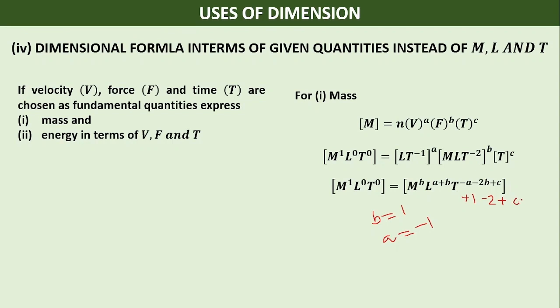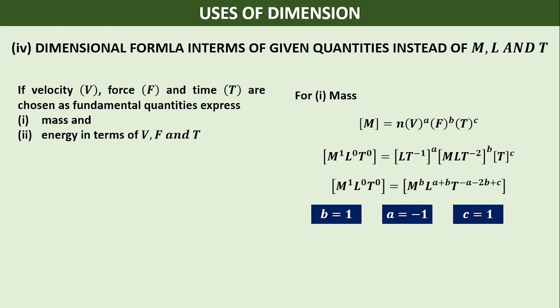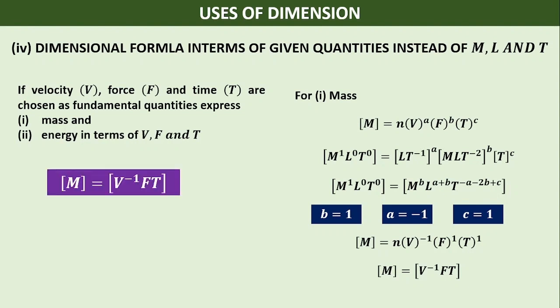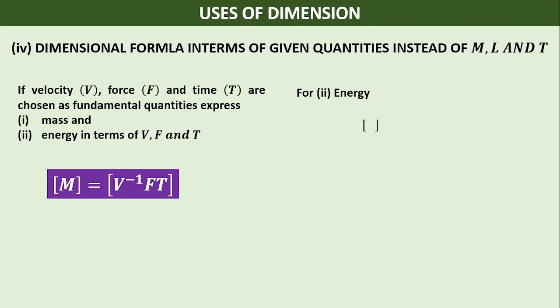On the left hand side the power of T is 0, so we get c as plus 1. So b is 1, a is minus 1, c is 1. This is the way we solve the problem, and the final values are b equals 1, a equals minus 1 and c equals 1. So the dimension of M is n times v power minus 1, F power 1 and t power 1. Dimension of M equals dimension of v power minus 1 F t. This is the answer. Let us go for the second one.